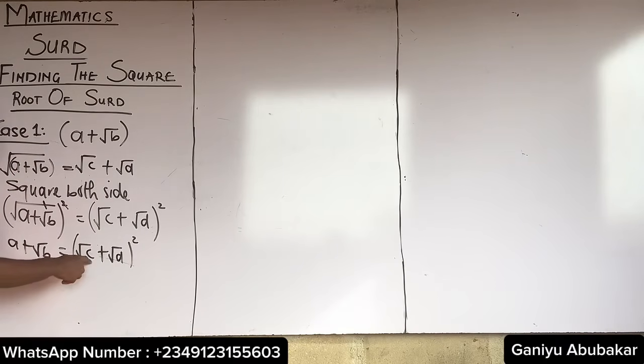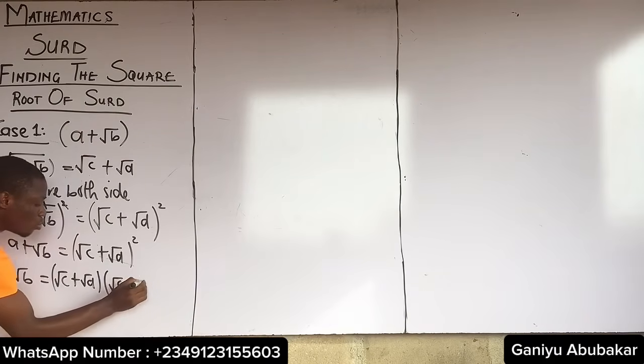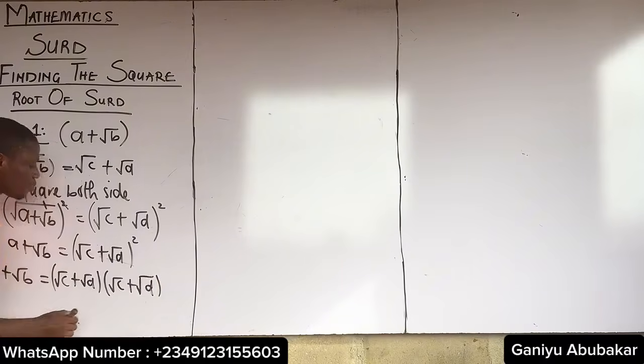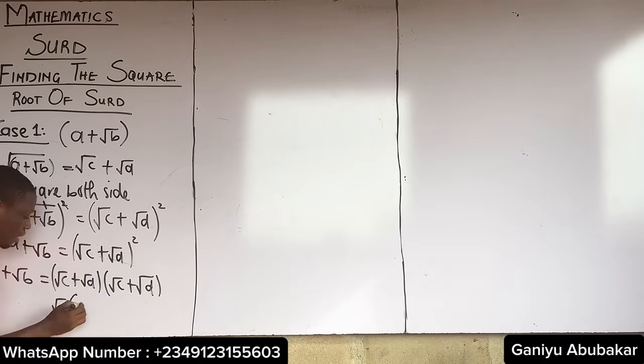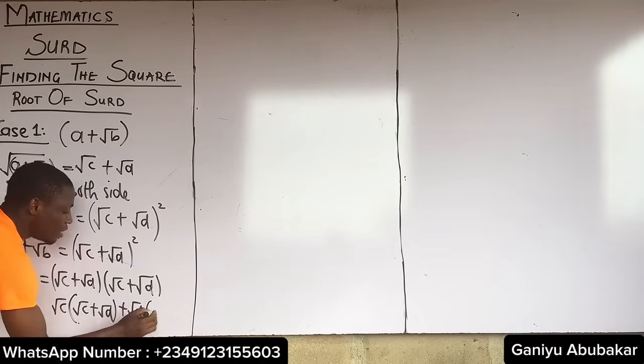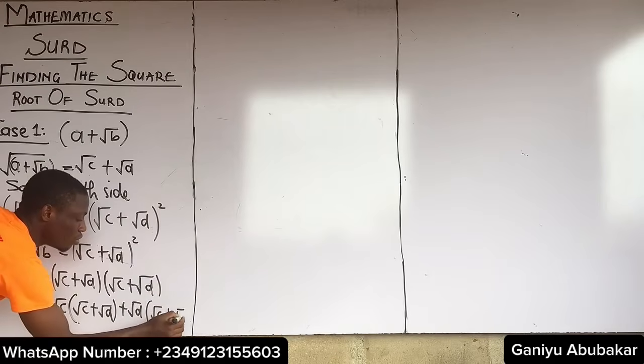Root c plus root d all squared means they're multiplying themselves twice. So I'll have a plus root b is equal to root c plus root d multiplying root c plus root d. Let's expand this and see what we get. My first task is to take root c into everything here, root c plus root d. Next, I have plus root d into everything, root c plus root d.